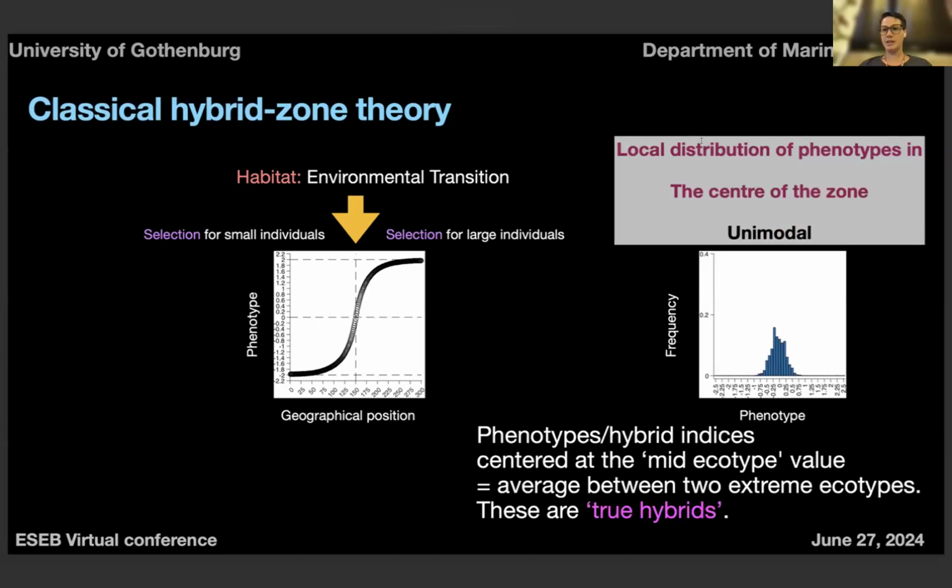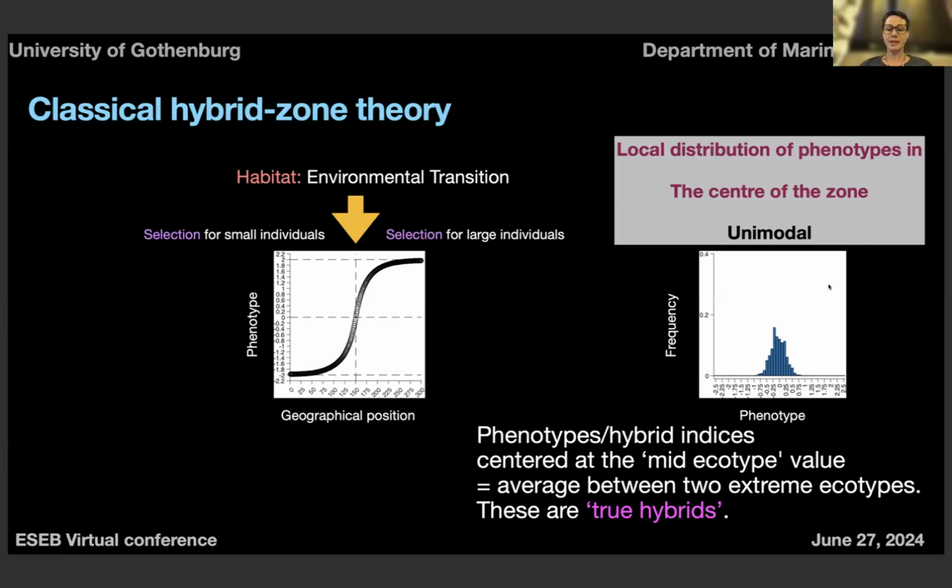So in this classical hybrid zone model, where we have random mating, if we plot the frequency of phenotypes locally in the center of the zone, we will see a nice unimodal distribution centered around the mean value between these two extreme ecotypes, and these we call the true hybrids.